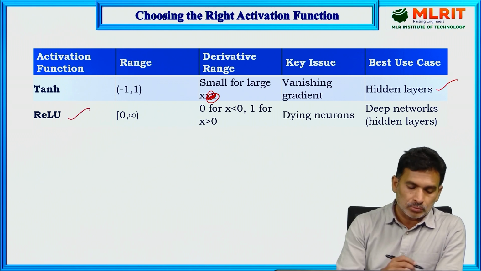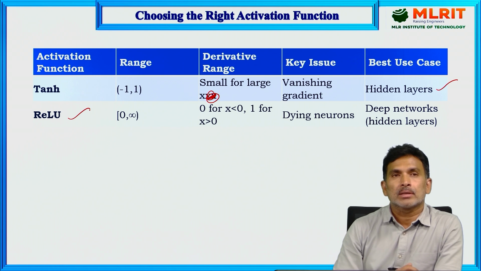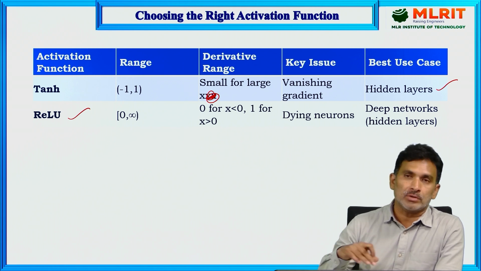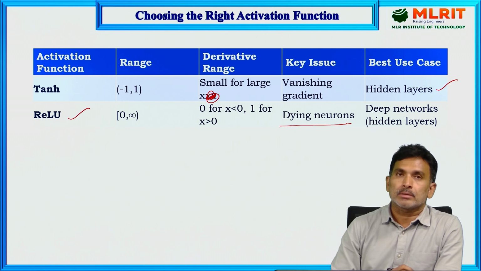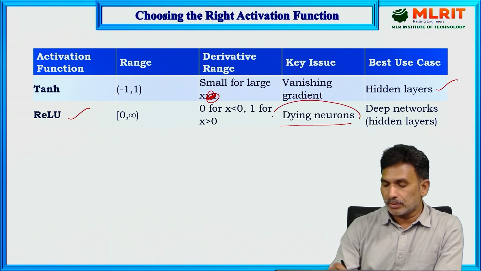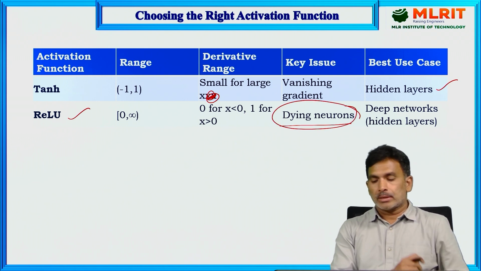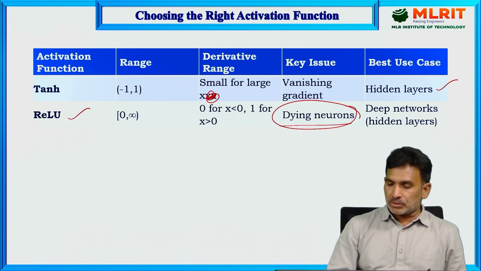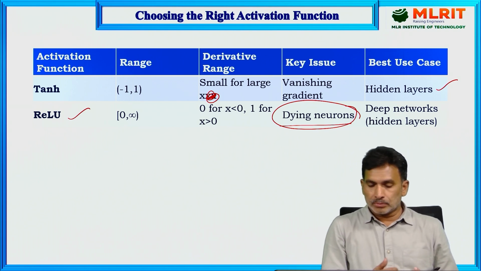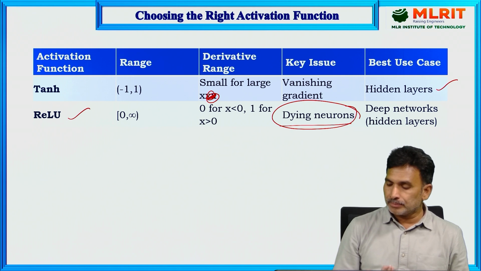And next, ReLU, rectified linear unit, has the range 0 to infinity, unbounded, and there's a problem in this ReLU, that is dying neurons. That means the gradient becomes 0, so there's no change, and then the neurons will die.